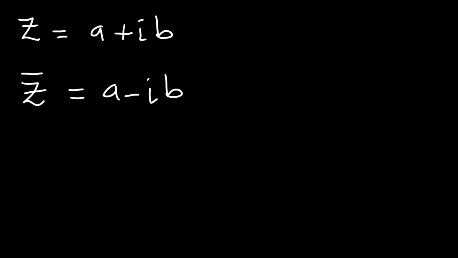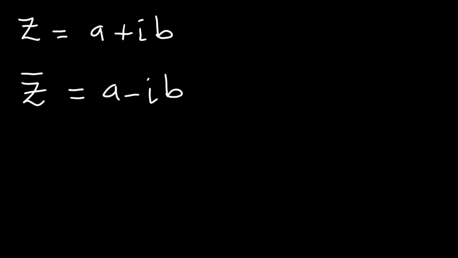So we represent the conjugate by putting a bar at the top. And whenever we are finding the conjugate of a complex number, we need to change the sign on the imaginary part. Notice that before the sign was positive, and so we replaced it with a minus sign.